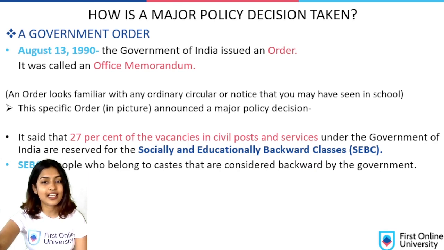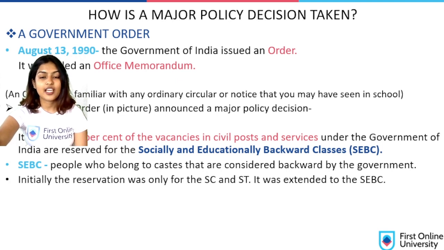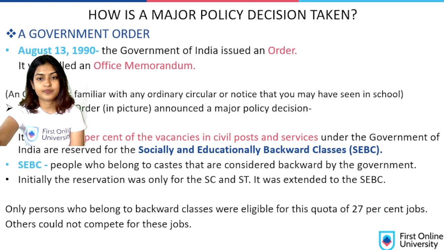Who are the SEBCs? They are people who belong to castes that are considered backward by the government. Initially, the reservation was only for the Scheduled Castes and Scheduled Tribes. It was further extended to SEBCs.